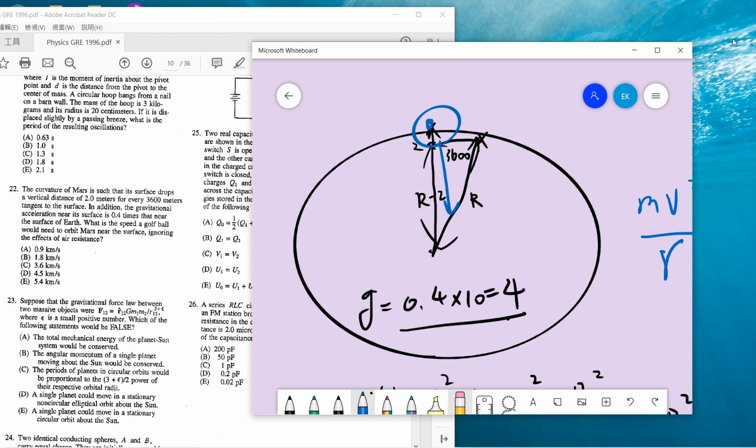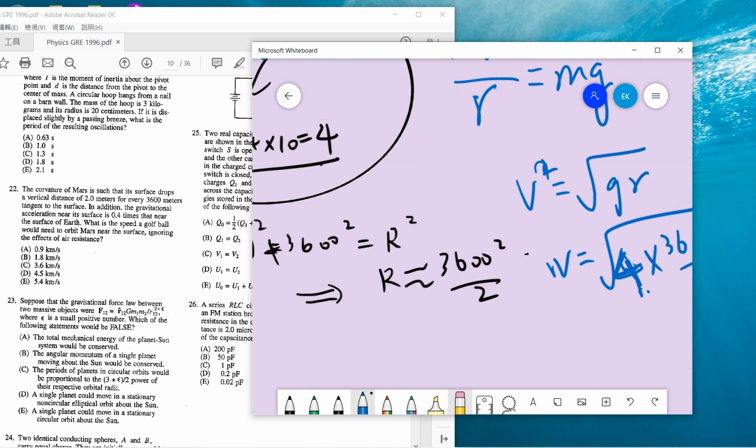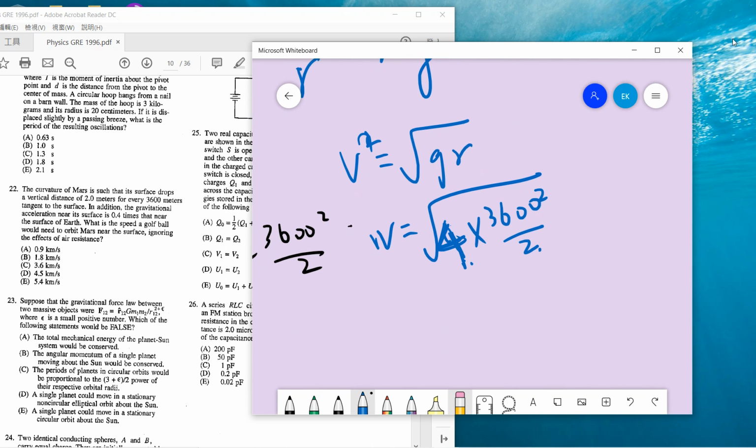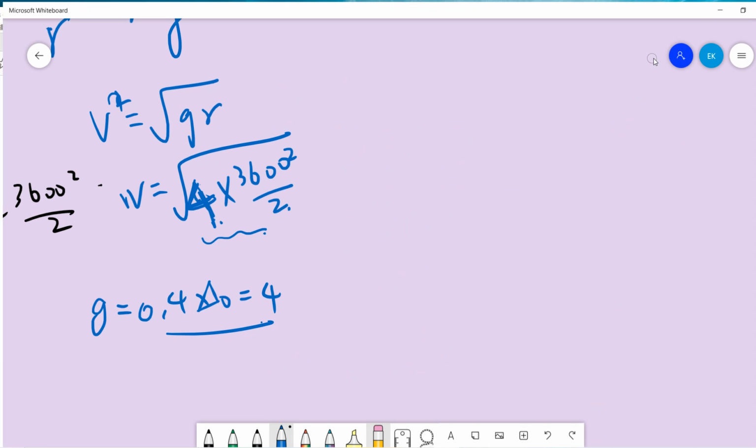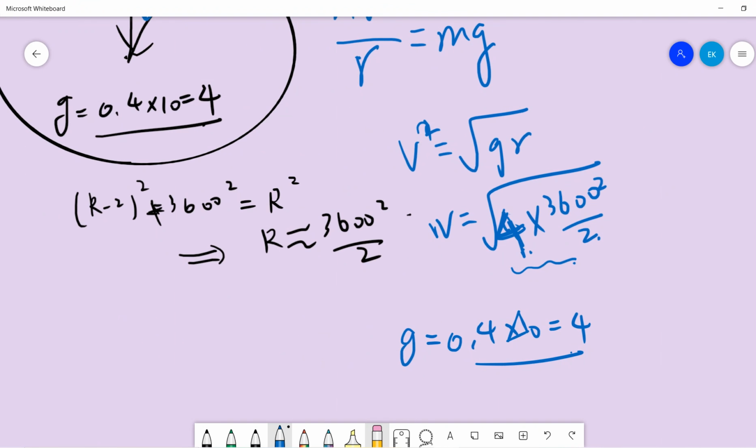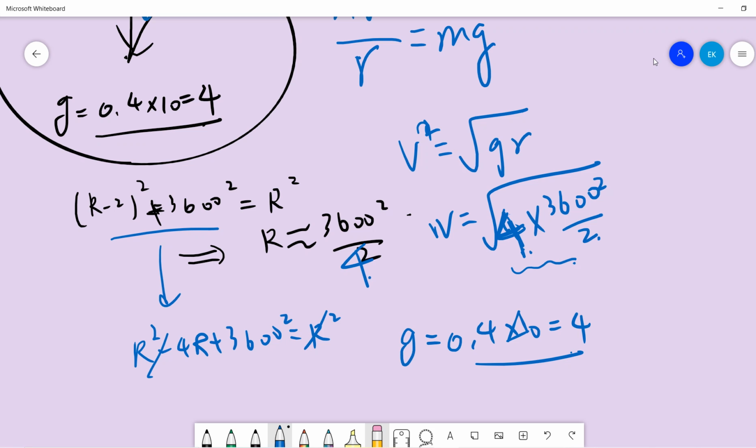So 0.4 times 10, which is 4, and 2 meters to this, you can solve it. All you get is, let me see, your g is 0.4 times 10, which is 4, and your radius, from r squared minus 4r plus this one is r squared, basically this is over 4.